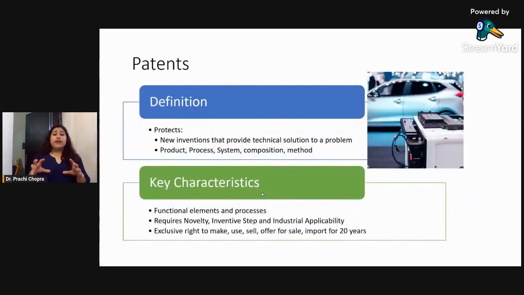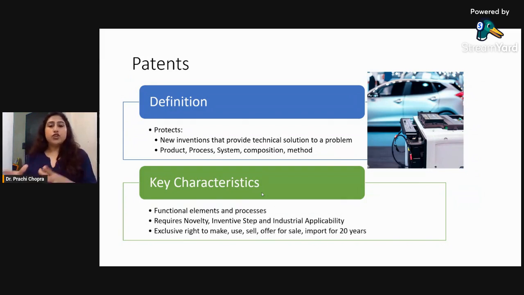Patents usually protect new inventions that provide a technical solution to a problem. If there is a problem in the country or the area in which you reside and you provide a technical solution which involves something technical in nature, then that type of solution is always protected by patents.